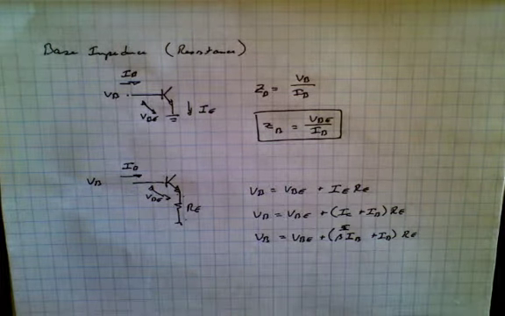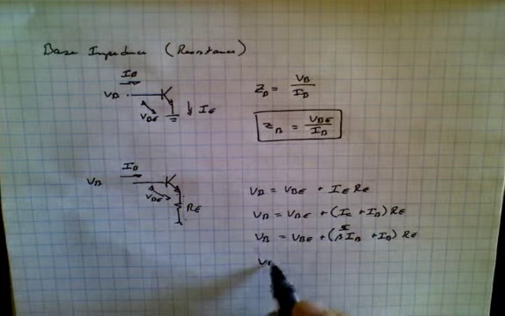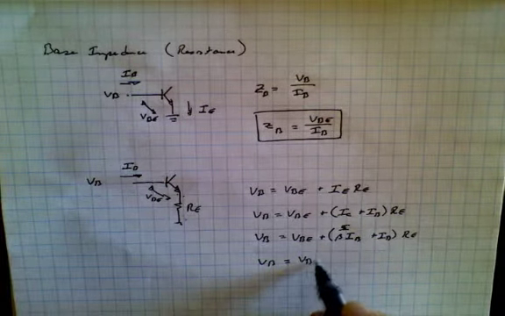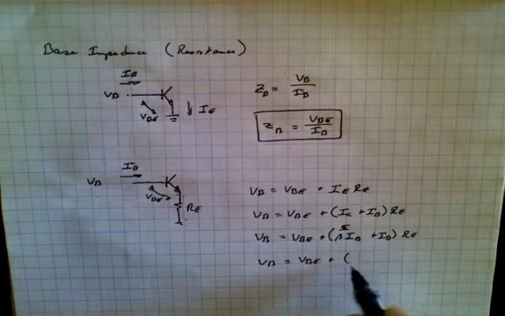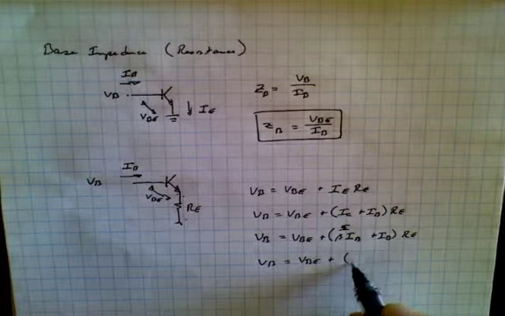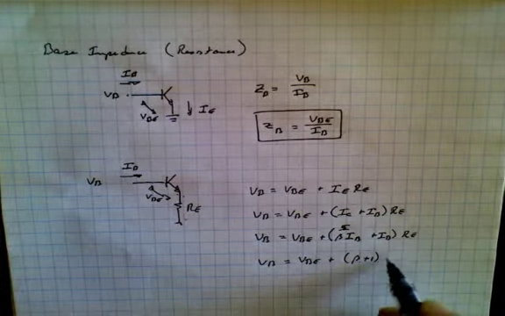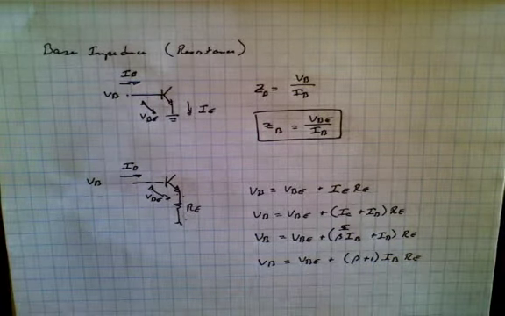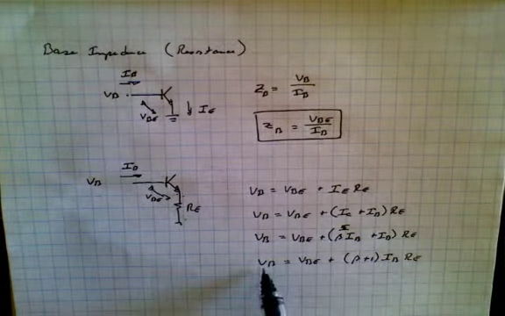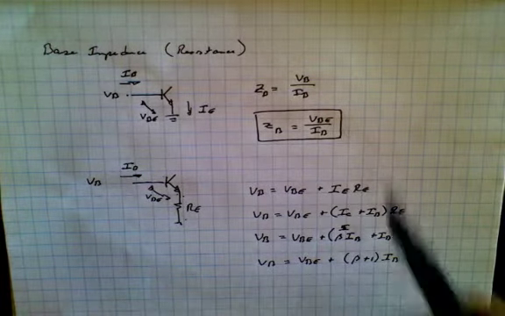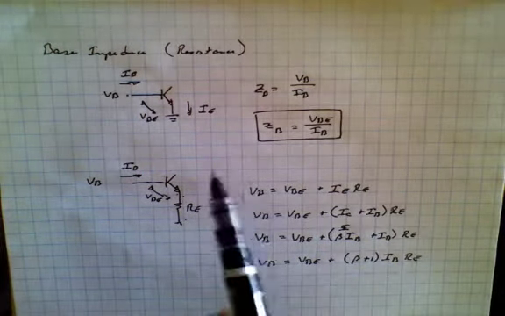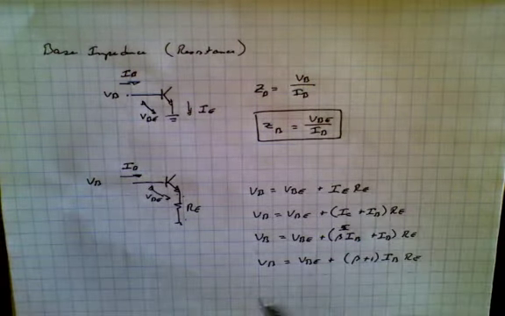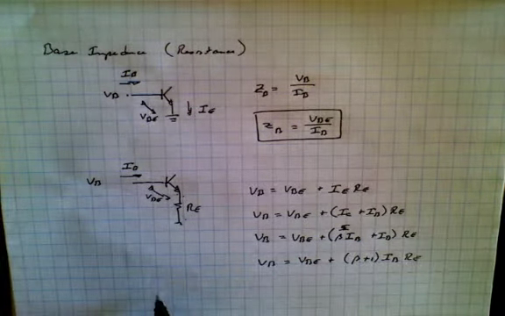So now we can factor out the IB out of here, and that gives us beta plus 1 times IB RE. So now we have an expression for voltage in the base, and we're going to plug that into here, divide by IB, and see what we get for impedance in the base.